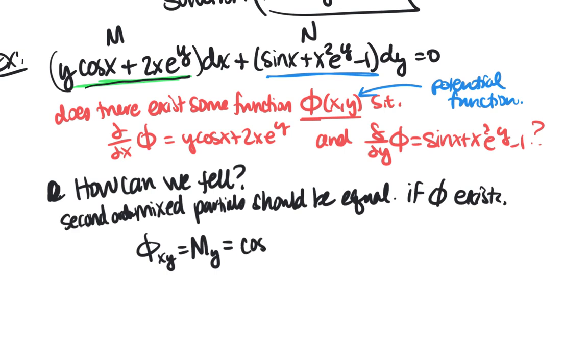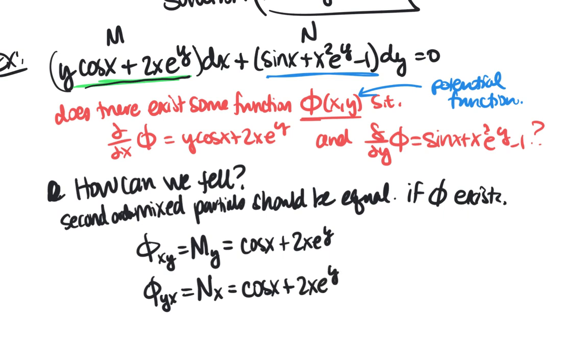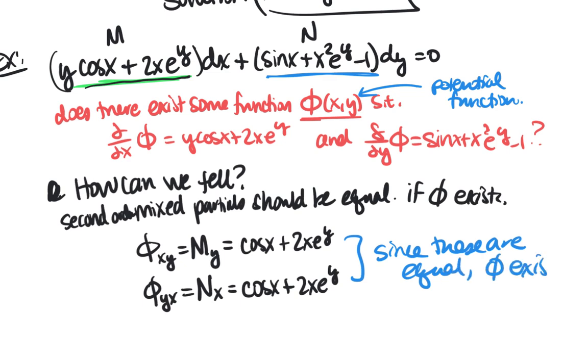It'll be cosine x plus 2x e to the y. And phi sub yx, which will be equal to N sub x, I take the derivative with respect to x, and I get cosine x plus 2x e to the y, and then plus 0. So since these are equal, I know that phi exists.